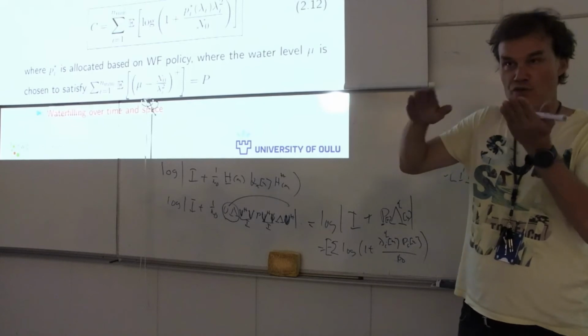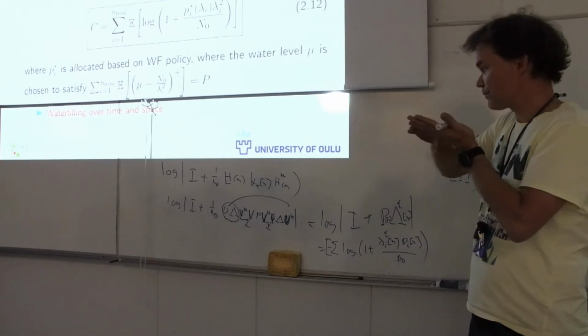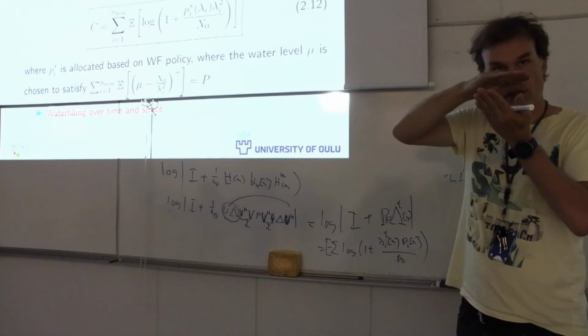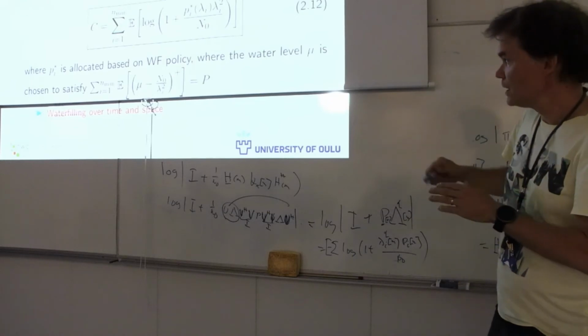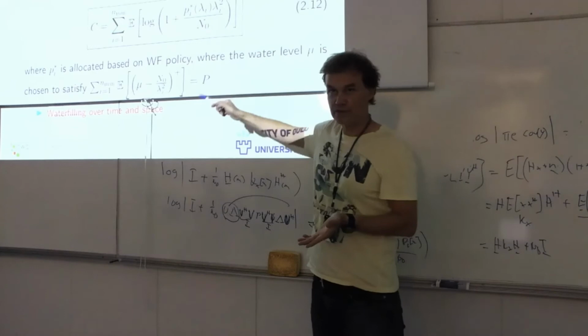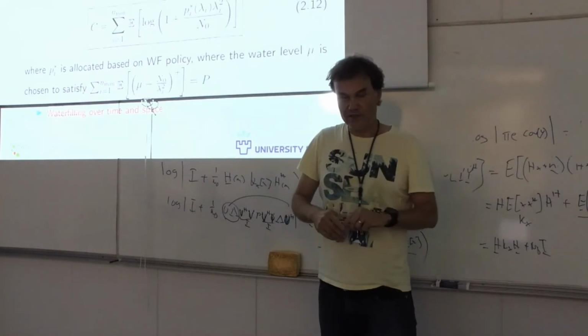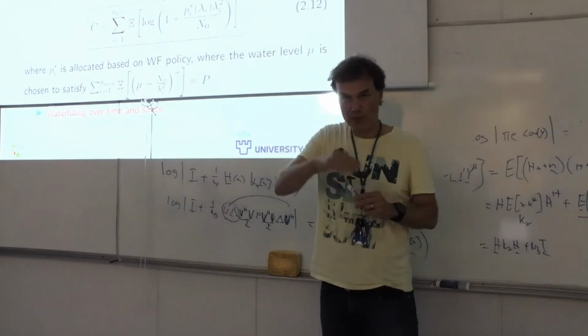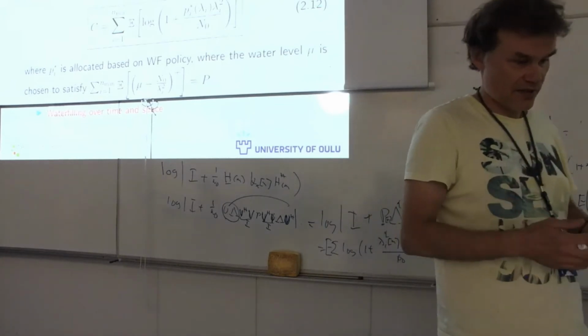So you are not constrained instantaneously by a certain fixed limit. Even in that case, you don't lose much if you have enough degrees of freedom using just an instantaneously fixed power.